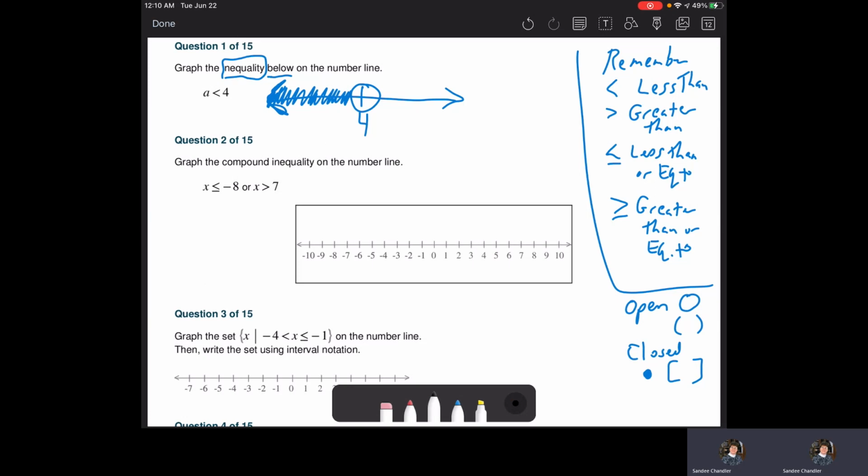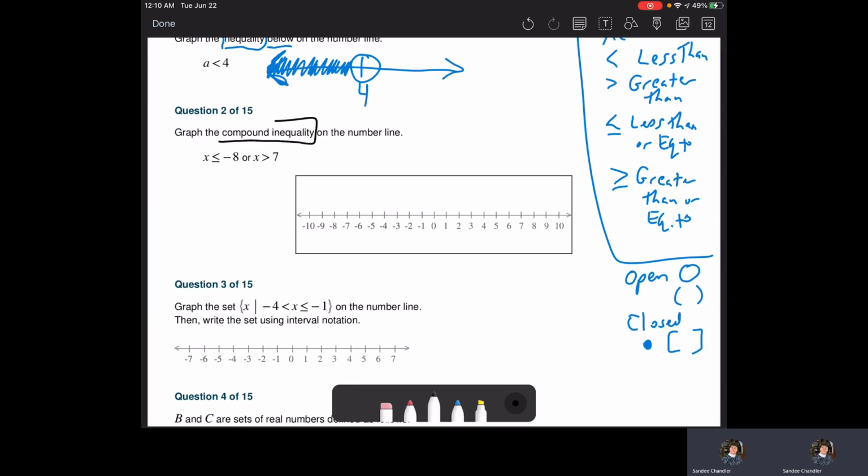All right, next one. Graph the compound inequality. Now it's called a compound inequality because it's got the word or in there. Could have the word and in there. So that's a compound inequality as well. Okay.